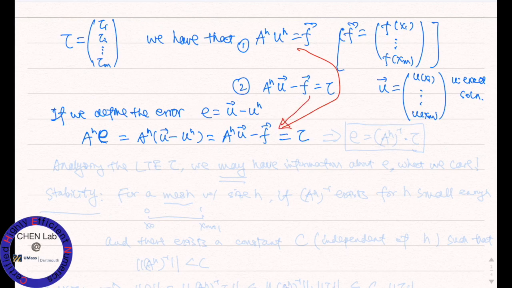All right, which means that the error is equal to the A_H inverse times tau, the inverse matrix of A_H times tau. All right, and that's a key equality.